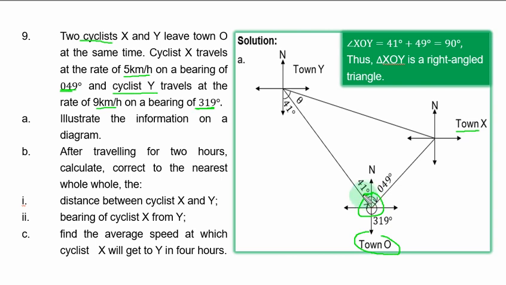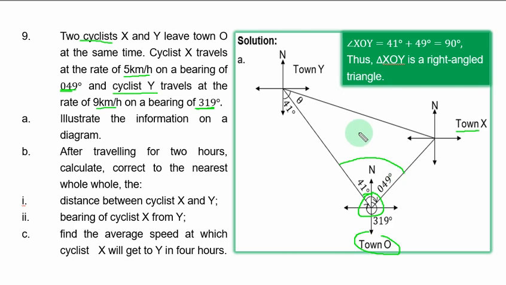That is 360 minus 319. So the whole of this angle now is 90 degrees, 41 plus 49. That means that triangle SOY is a right-angled triangle.